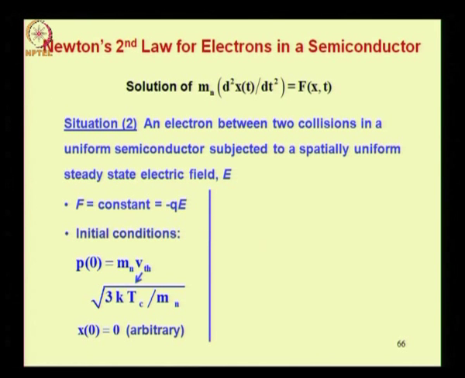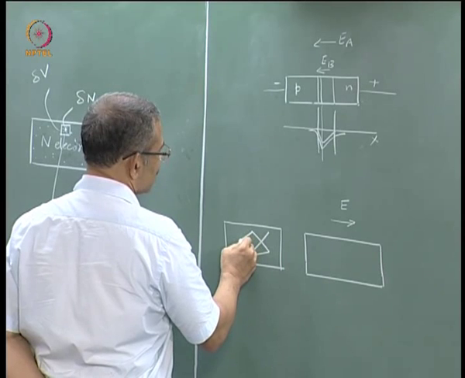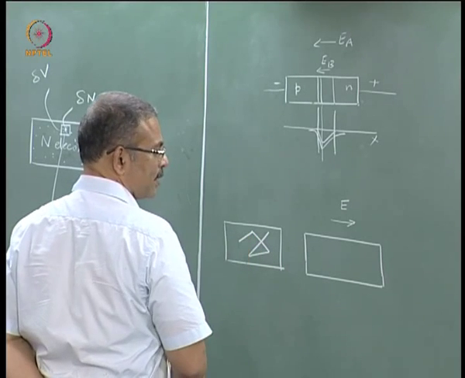Let us draw a diagram for this. So this is the picture. So this is the electric field that is applied, E, and it is exerting a force on the electron. Now under equilibrium, the earlier picture, the electron was moving like this. Here you can see the position of the electron is changing linearly with time.